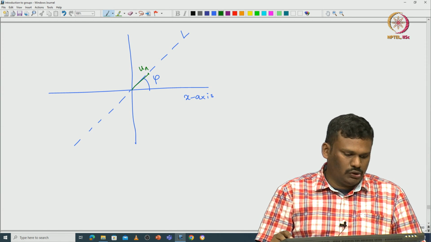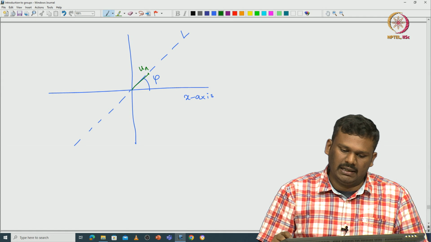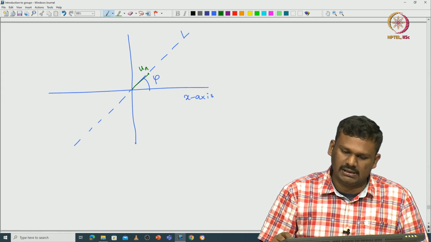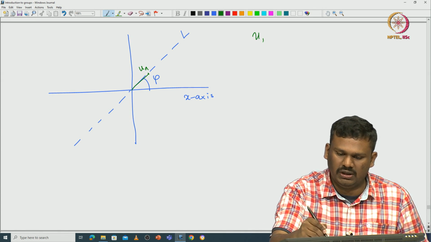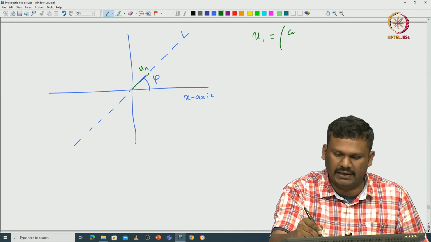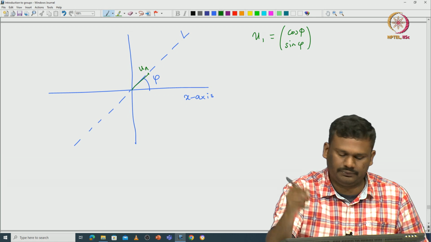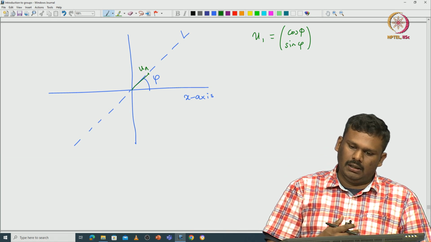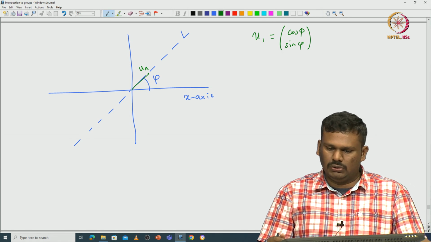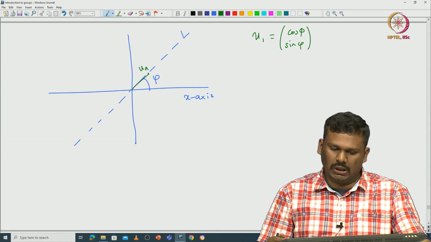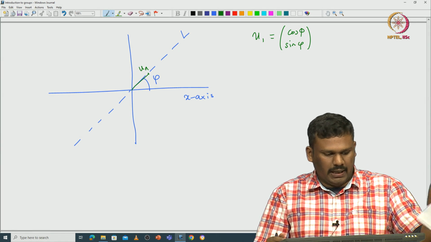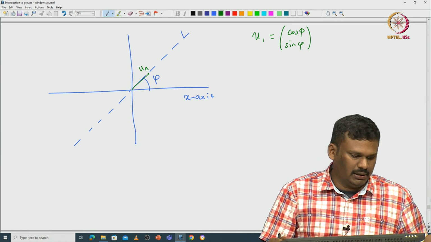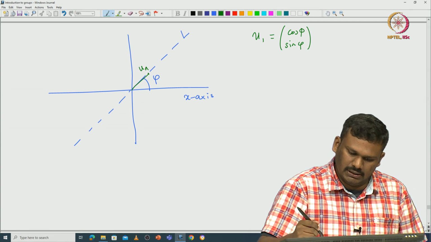Because this is a unit vector and the angle is phi from the x axis, you can see that this unit vector u1 looks like cosine phi and sine phi. Now you take this perpendicular line and choose a vector in the opposite direction.